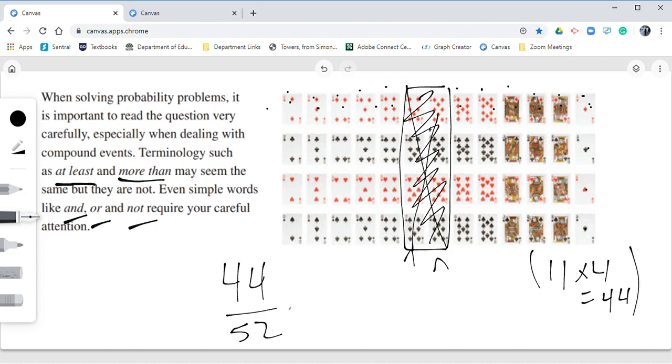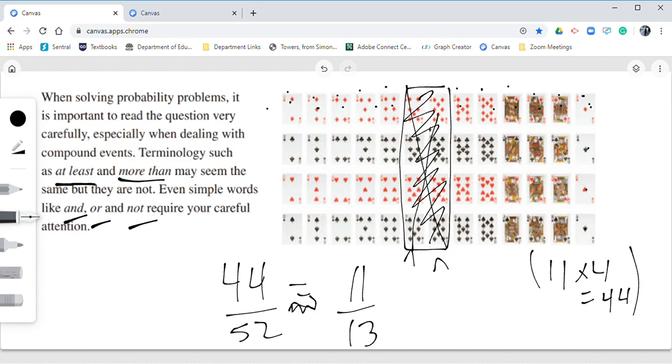So again, we'd want to simplify that down. You want to make sure that you're getting it to the lowest terms. What you said would be fine, but it is also equal to, I bet you can divide 44 by 4. If I divide 44 by 4, I get 11. And if I divide 52 by 4, I get 13.